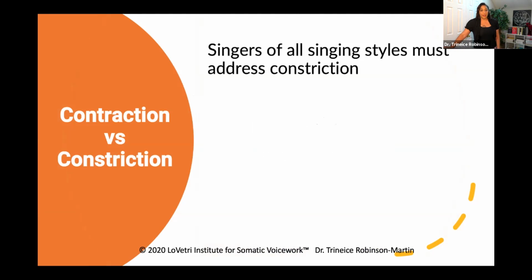All singing styles require singers to adjust their vocal tract in an effort to enhance certain harmonic, acoustic, or vocal sounds. The key, though, is understanding the difference between contracting these muscles with the intention of affecting the sound temporarily, and getting stuck in a muscular contraction in a manner that you cannot freely and easily release those muscles at will.